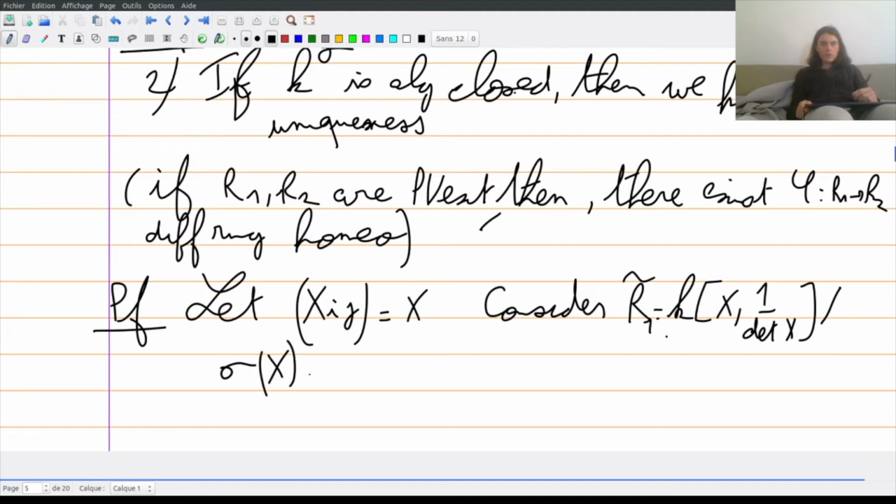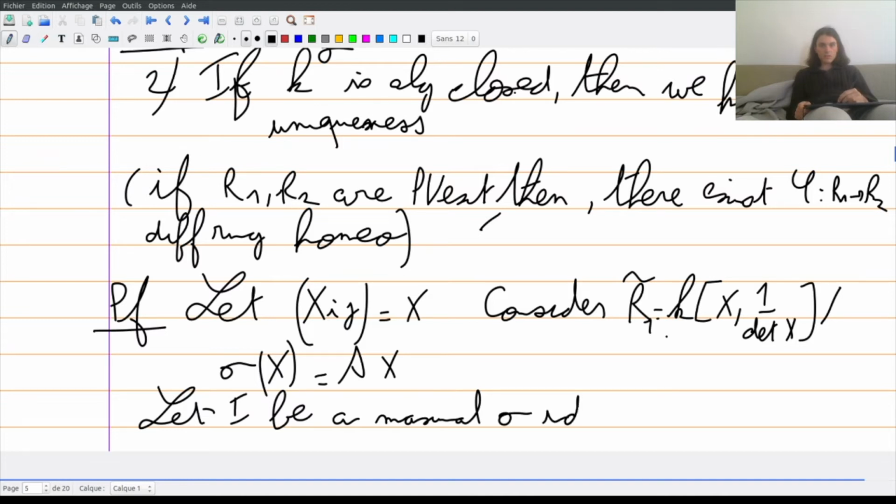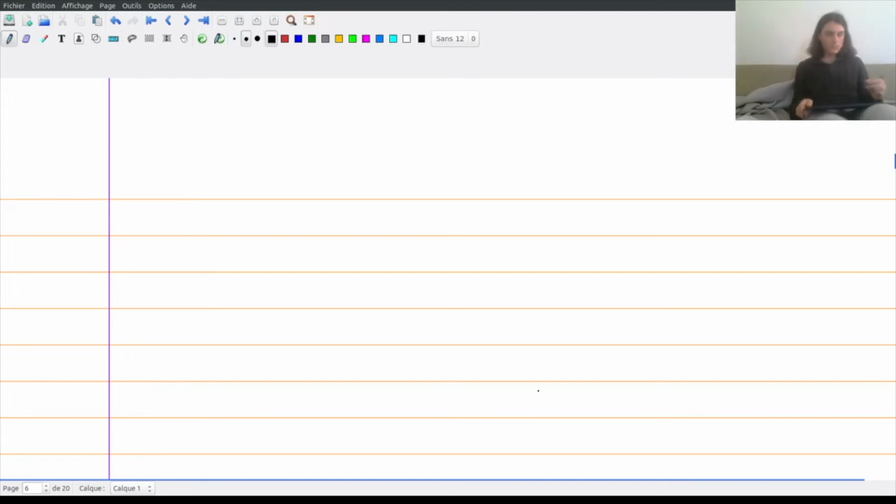So that I equip with a difference structure with the following rules. So R1 tilde is now a difference ring. So it's good for the first two conditions, but I need a simple difference ring. So to do this, I will take a maximal sigma ideal. And then I will take the quotient.